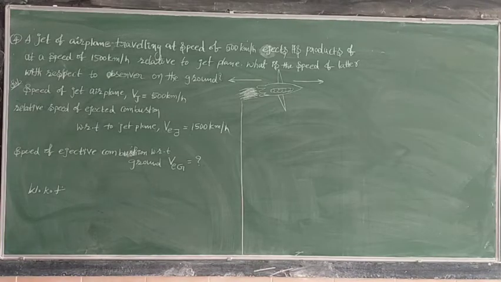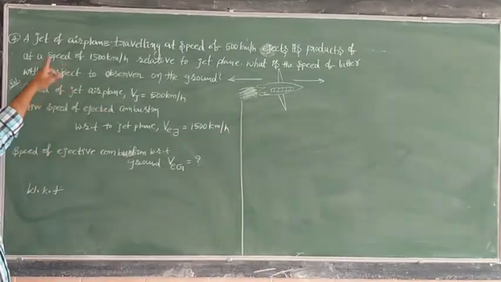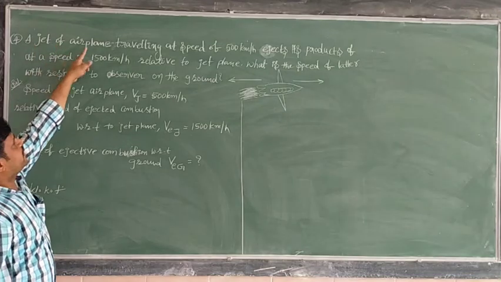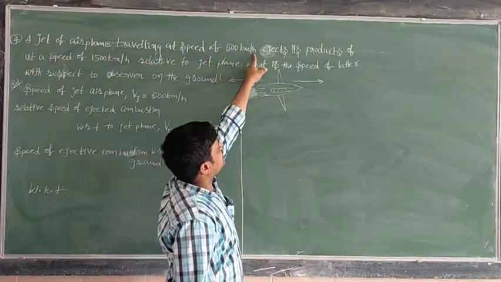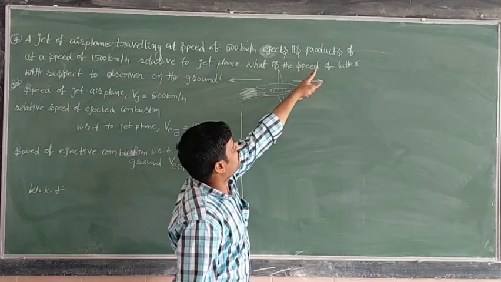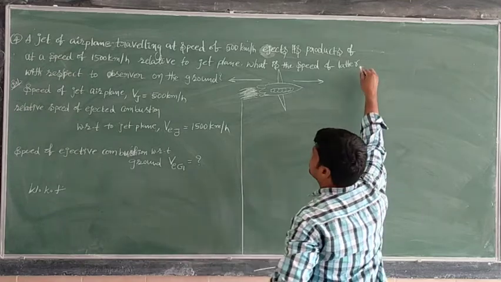Right, dear students, our next problem is also based upon relative velocity. A jet aeroplane traveling at a speed of 500 km per hour ejects its products of combustion.